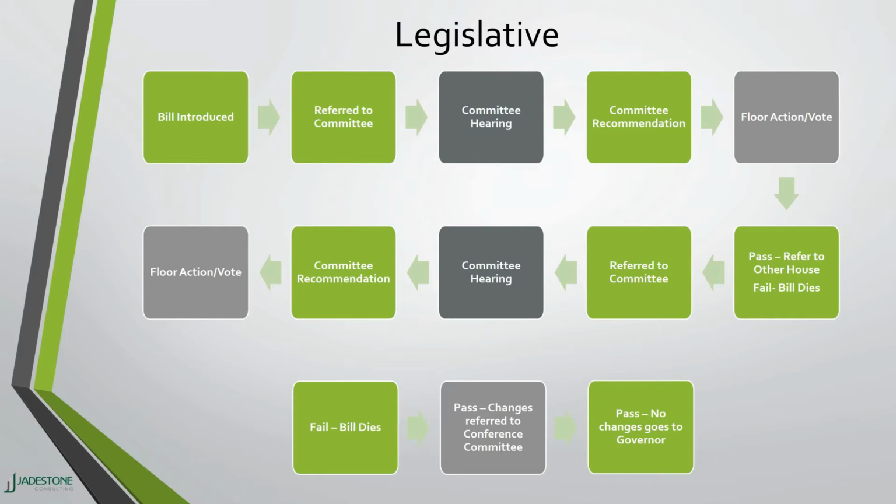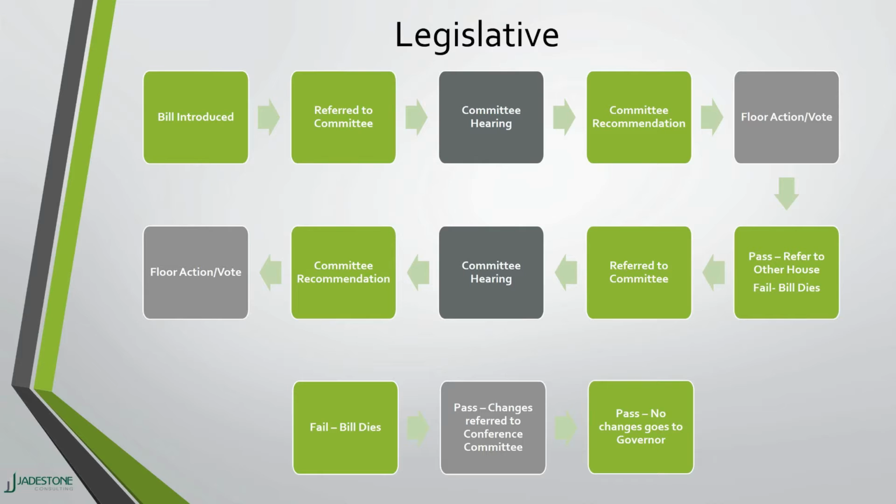Once it crosses over to the other house, it's really the same process. It's referred to a committee. That committee will also have its hearings, make a recommendation, and go to the floor for action, whether it's a pass or do not pass recommendation. From there, there are 3 things that can happen.